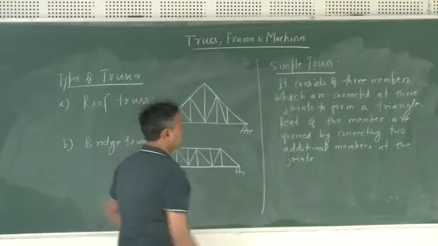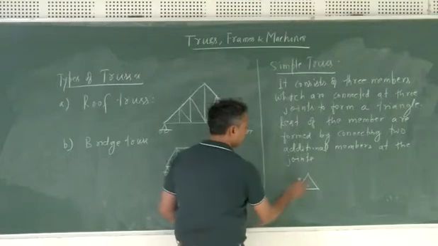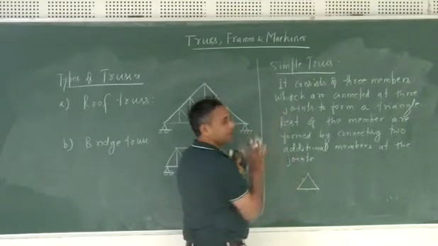So for example, let us say you start with three members and three joints. So this is called a simple truss.